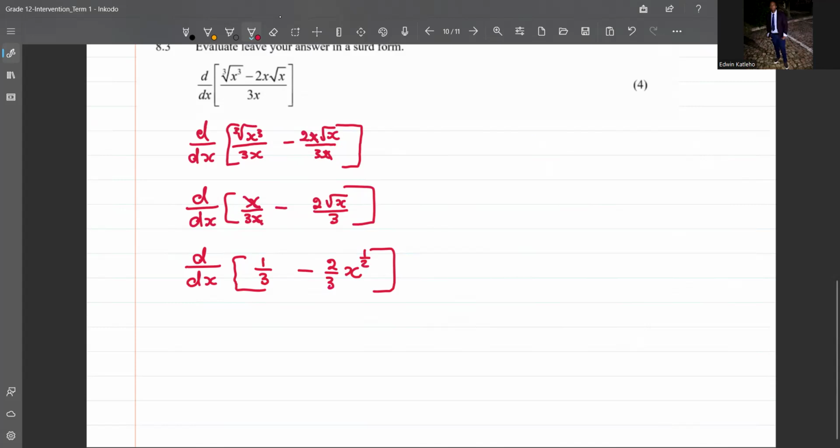Now, we know the square root is always rational exponent half, and then the cube root is going to be rational exponent 1 over 3, and so forth. Now we have our expression in its standard form. We can now derive.